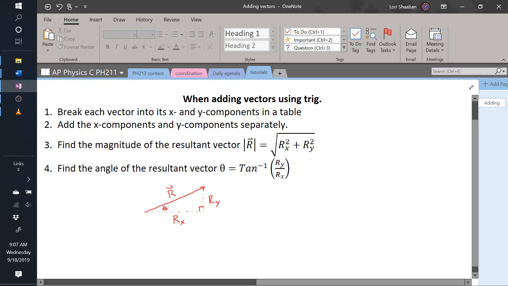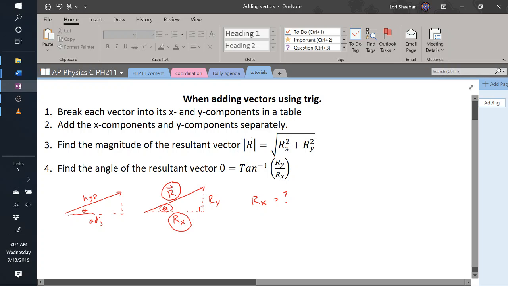So if we wanted to find Rx, how would we do that? Well, we typically have the hypotenuse and the angle. So if we're trying to find Rx, here's our angle, hypotenuse, adjacent.